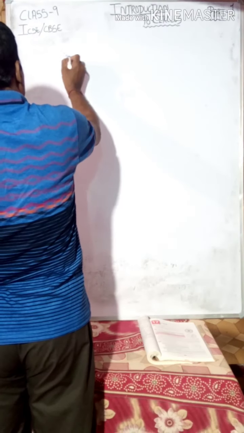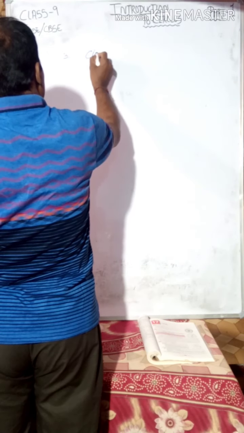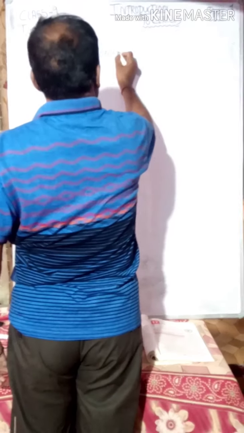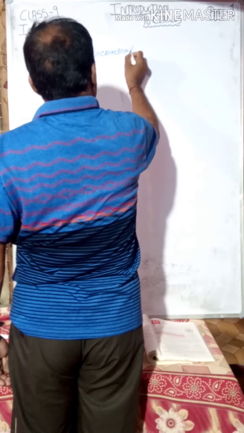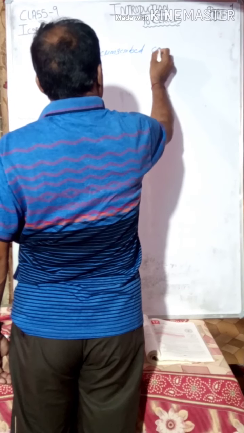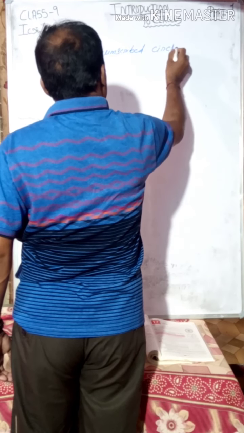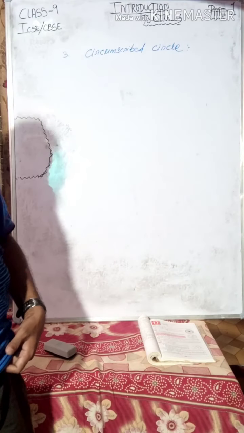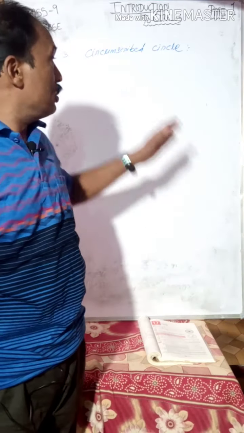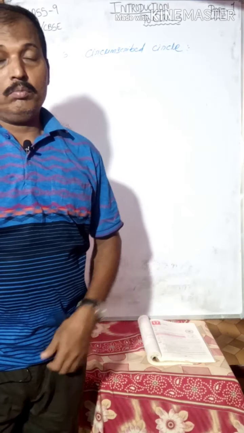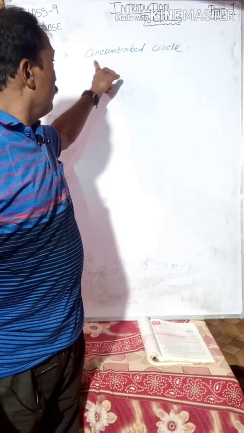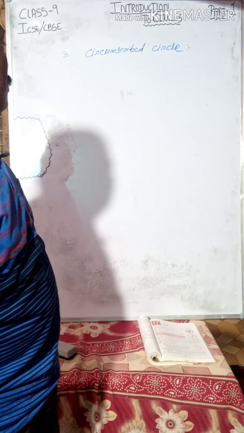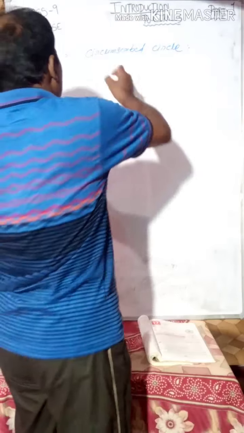Then point 3, circumscribed circle. What is a circumscribed circle? Very important point.